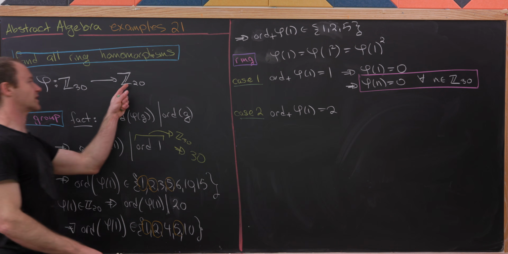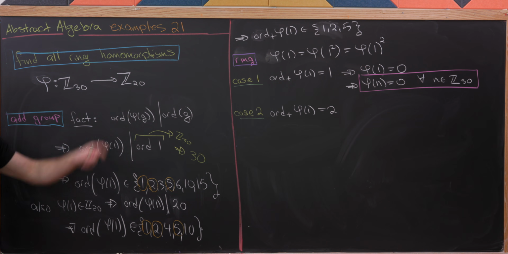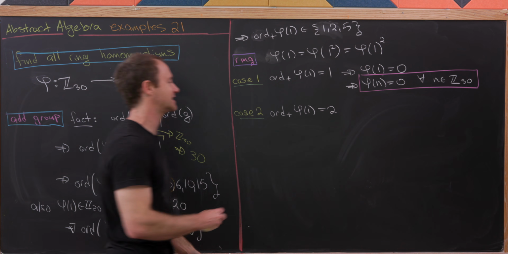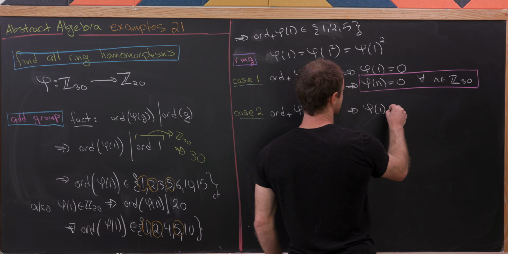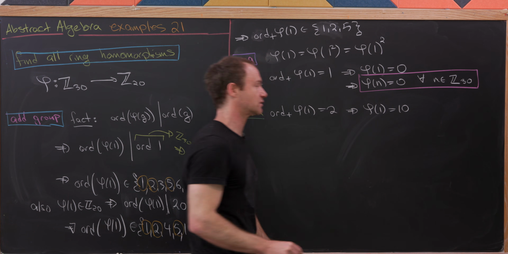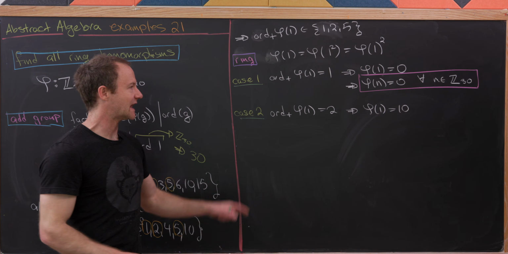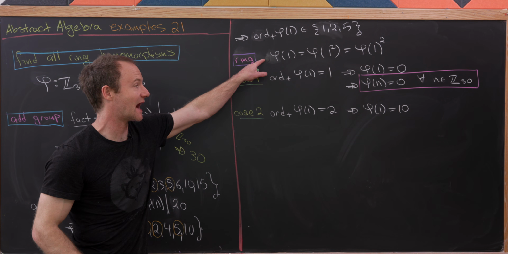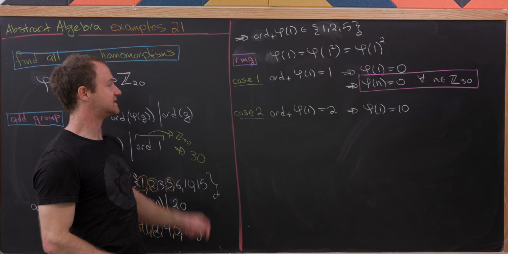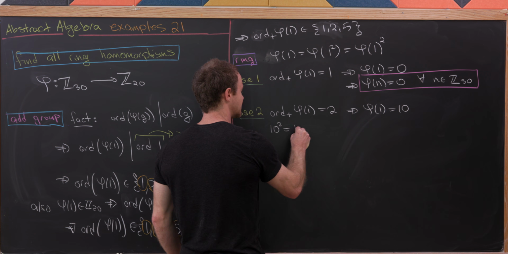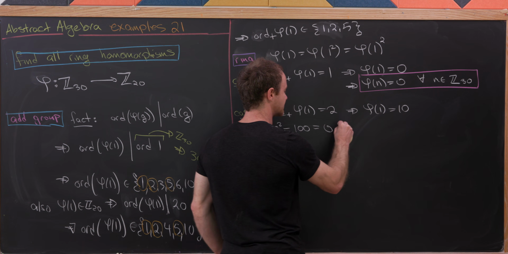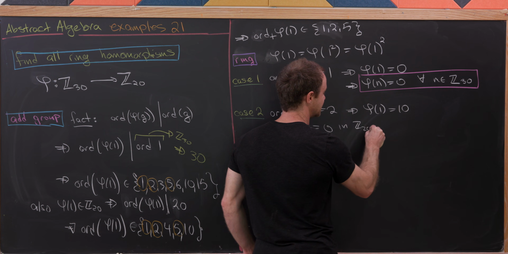But now let's look over here. In Z20, there's only one thing of additive order 2, and that is the number 10. So that means phi of 1 is equal to 10. But now let's check, is 10 an idempotent inside of Z20? I think it's not. Let's notice that 10 squared is equal to 100, which is equal to 0 in Z20.